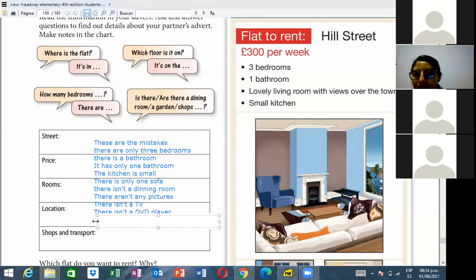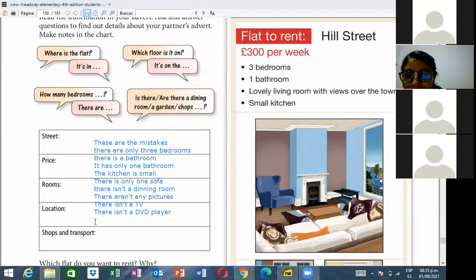Tape script 4.5. The flat's near the center of town. It has 4 bedrooms, a lovely living room with views over the town, and 2 bathrooms. The kitchen is very big, and there's a dining room next to it.